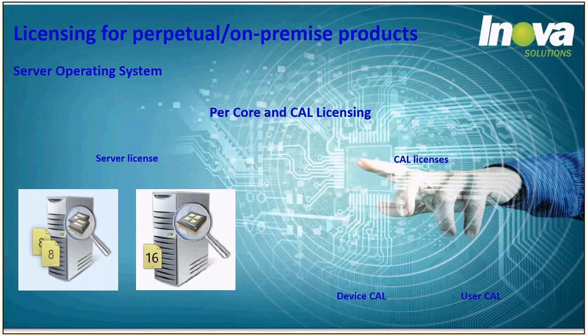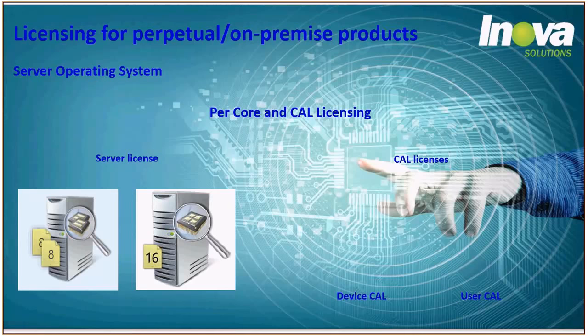There's also a minimum of 16 core licenses per server. What does that mean? That means if you have one processor on the server, then you have to purchase 16 core licenses, regardless of the number of cores on that processor. So for instance, if you have one processor with 10 cores, you still need to purchase a minimum of 16 core licenses for that server.